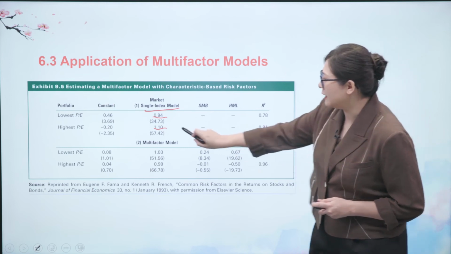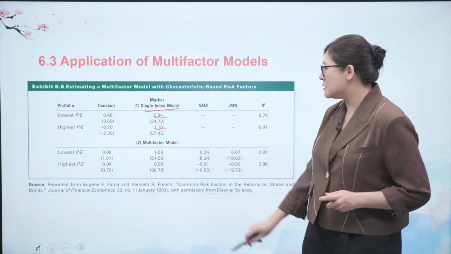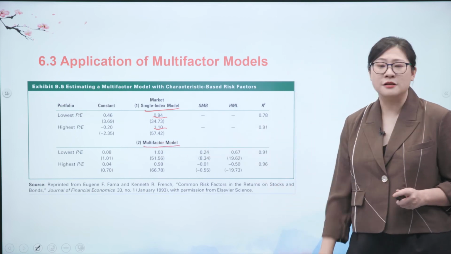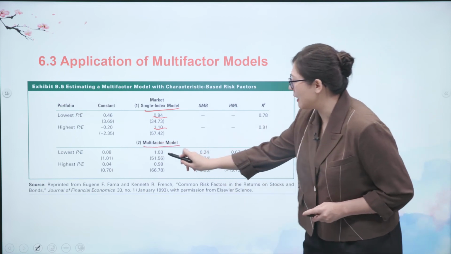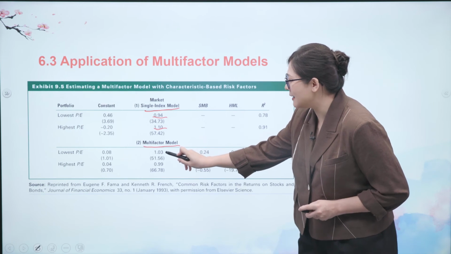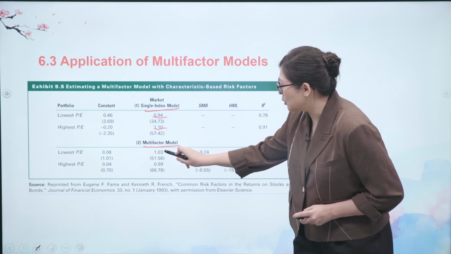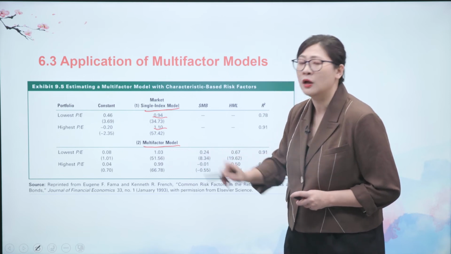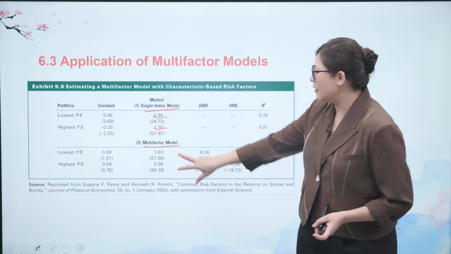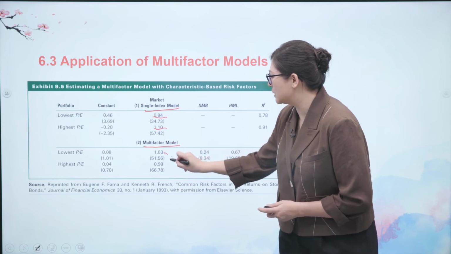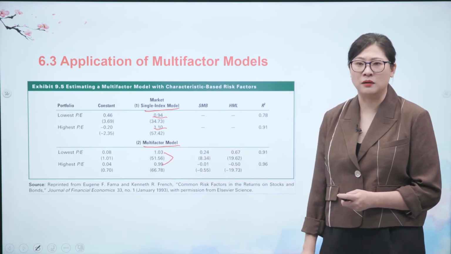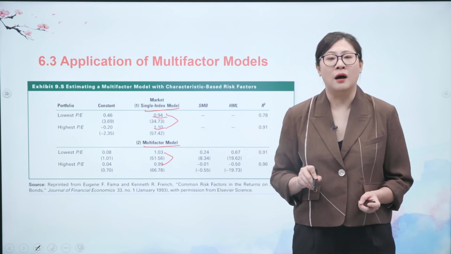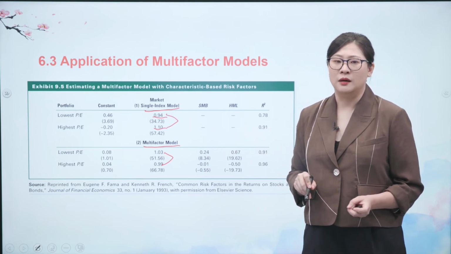And it is significant. And here is our multi-factor model, and for the multi-factor model, we can compare the lowest and highest. The regression slope is 1.03 to 0.99. The difference between these two groups for the multi-factor model is much smaller than the difference in the single-factor models.